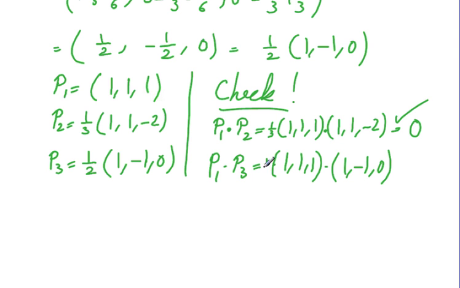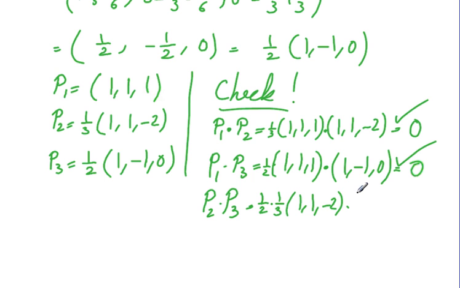There's a factor of 1/2 in front of it, but that doesn't count either. When you multiply, what do you get? 0. And P2, P3, you have 1/3 and 1/2. Again, they don't count. 1, 1 minus 2 dotted with 1 minus 1, 0. That's again 0. So you make sure that you check your stuff.